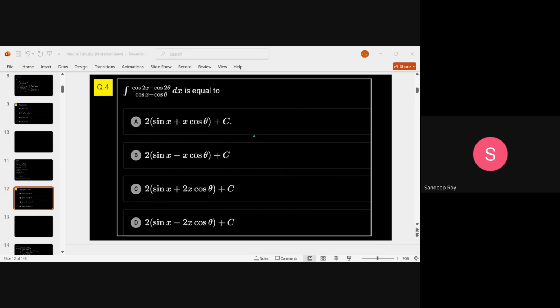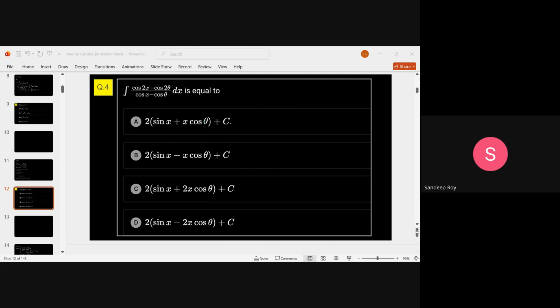So this is also a simple question. What to do? Here you can simplify the numerator part, right? So cos 2x you can write as 2 cos square x minus 1, and cos 2 theta you can write again the same way, that is 2 cos square theta minus 1.